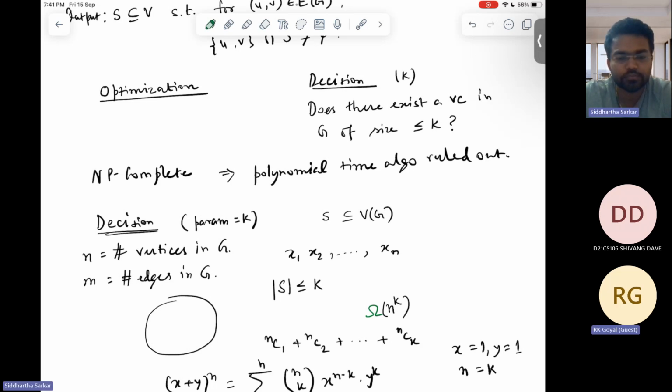And now there is an additional condition that the subset should be of size at most k. So after applying this condition, how many subsets are there of n elements whose size is less than or equal to k?